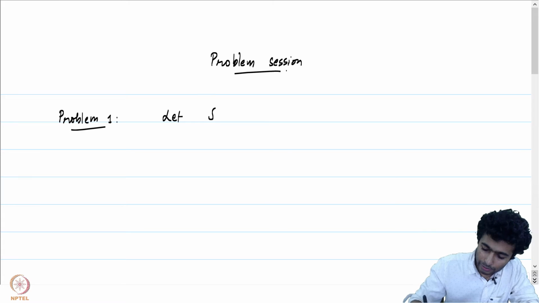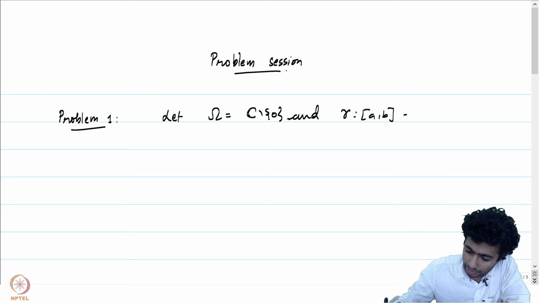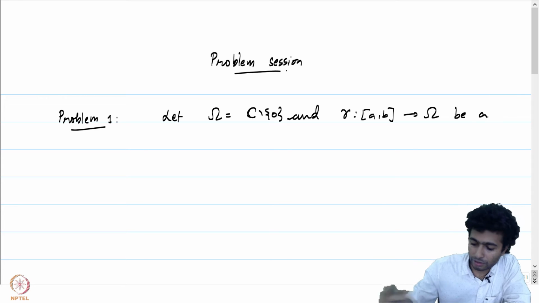Let omega be equal to C minus 0 and gamma from AB to omega be a closed curve.